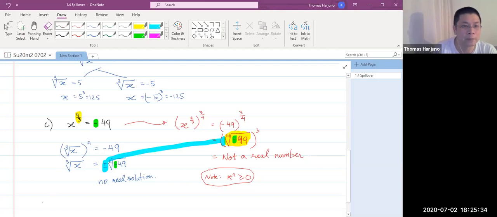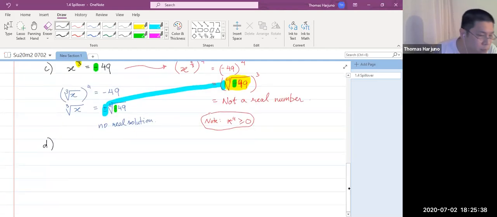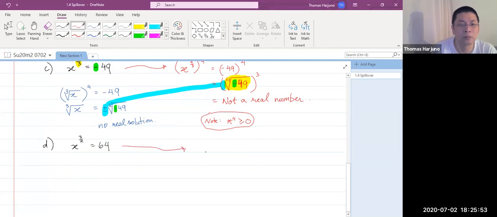Part D. Part D, x to the power of 3/2 equals 64. Using the red method, x to the power of 3/2, I take it to the power of 2/3.